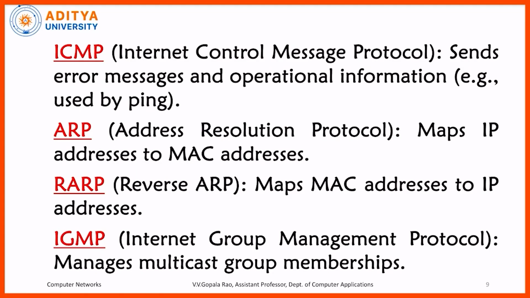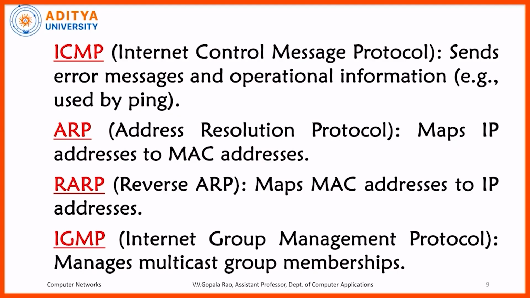There are some other protocols available here. ICMP, Internet Control Message Protocol, is meant for controlling messages and for operational information, for pinging and for getting access to a remote server. So ICMP plays a very important role in accessing the internet.